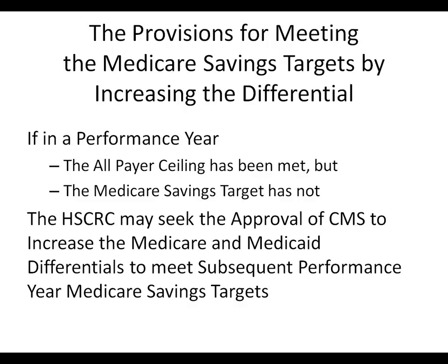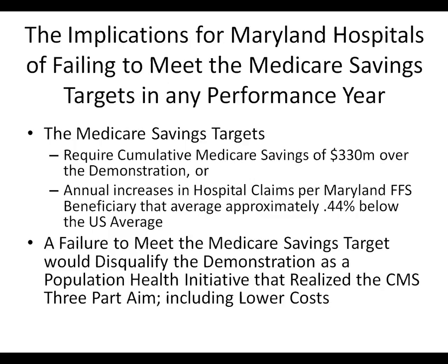And one of the purposes of this approach is to avoid the use of this particular provision, in part because we believe that it would be very detrimental to both the hospitals and the citizens of Maryland if it were employed. So go to page 4, please.